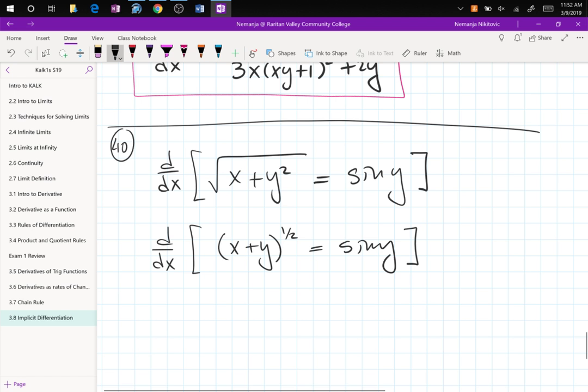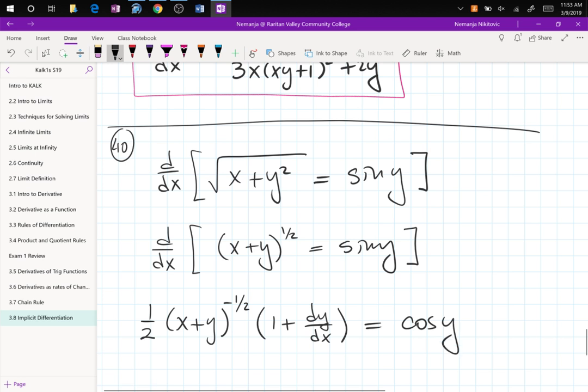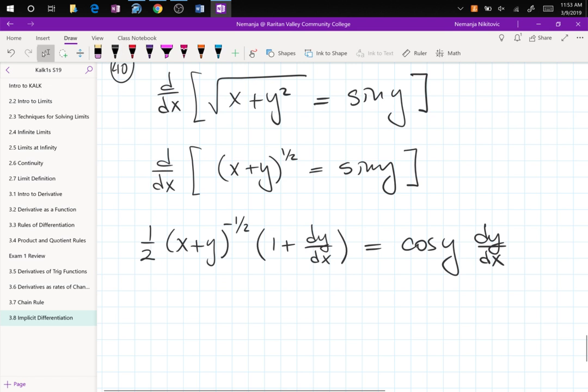So 1/2 (x plus y) to the negative 1/2 when I subtract this, times the derivative of the inside, which is 1 plus dy/dx, because I am taking the derivative of x with respect to x, that's 1. Derivative of y is still 1, but I have to follow with the chain dy/dx, equals cosine y, and I have to have dy/dx as well, because I took the derivative of y with respect to x.